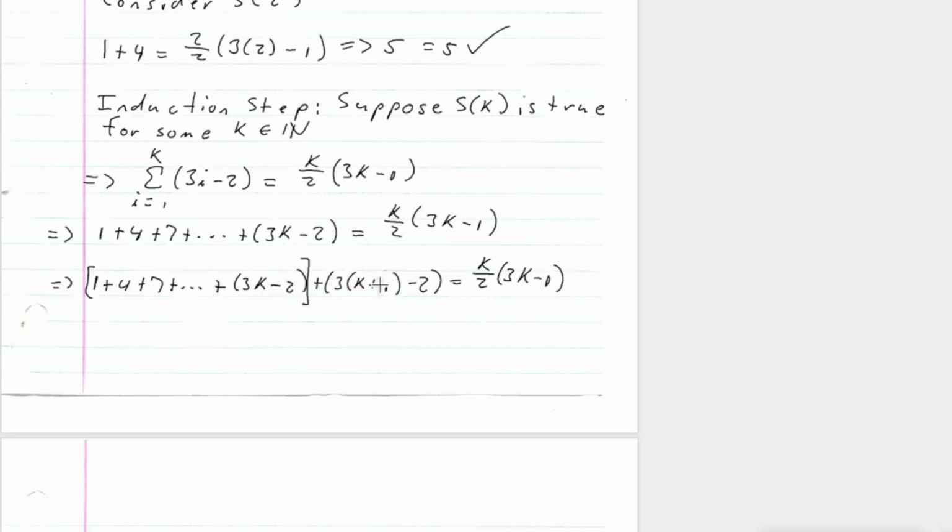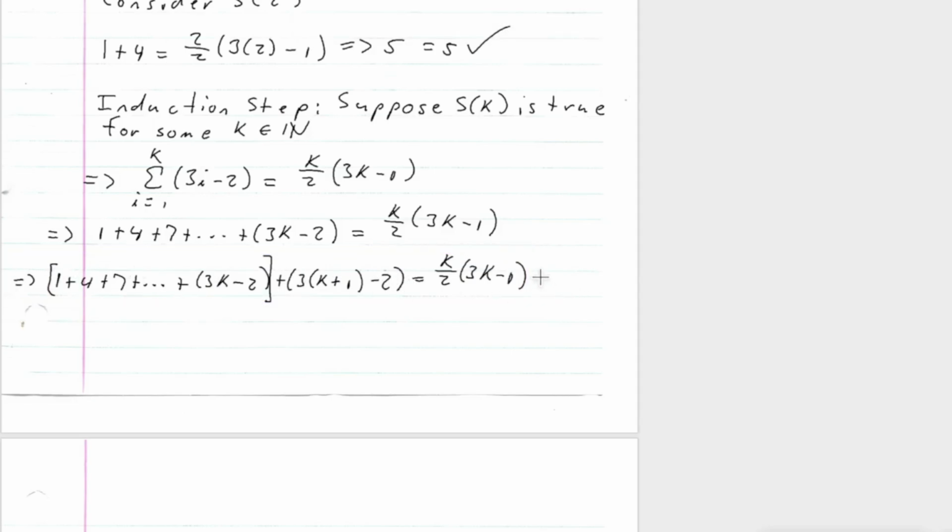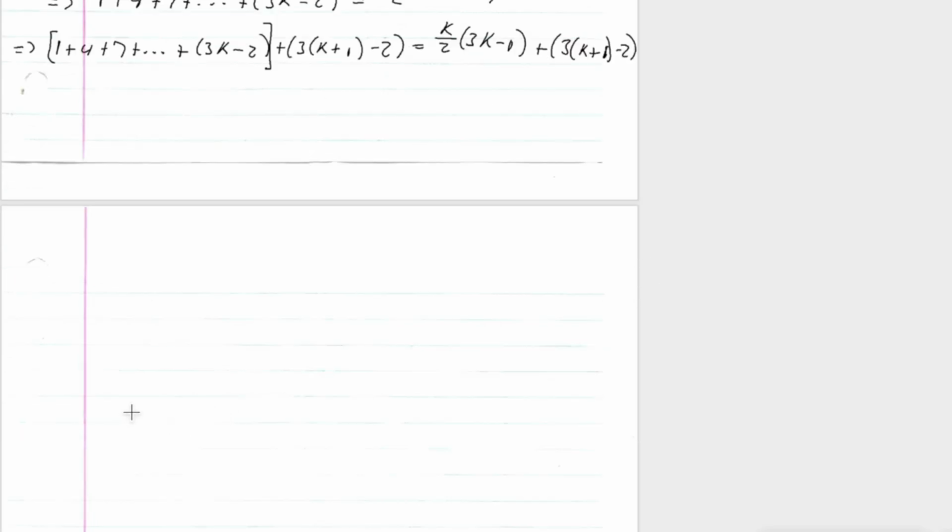But then, look, we added this next term. So let me go ahead and move this. We added this next term plus 3 times k plus 1 minus 2, right? So what I eventually want is to get this here because I have this side done.